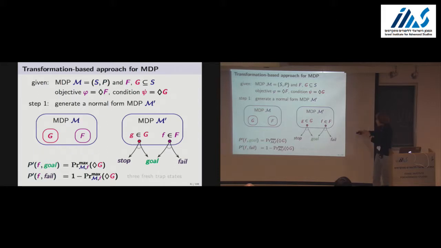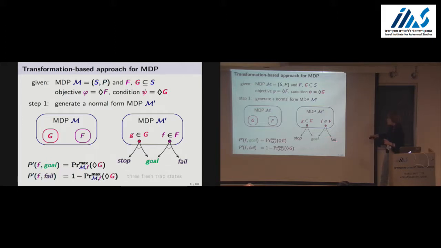Now when we hit F, a state in F, this needs some calculation, but the situation is similar. When you hit F, the best thing you can do is to maximize the probability from there to reach G, and with the remaining probability we go to the state called fail. What is the intuitive meaning of fail?